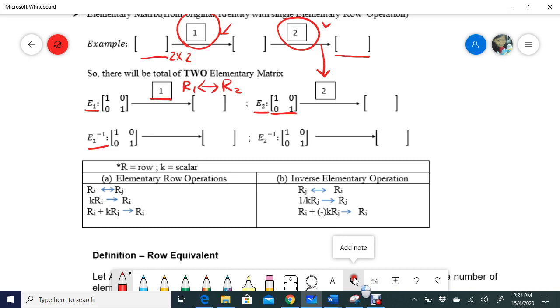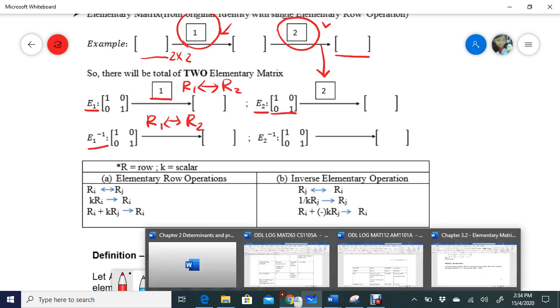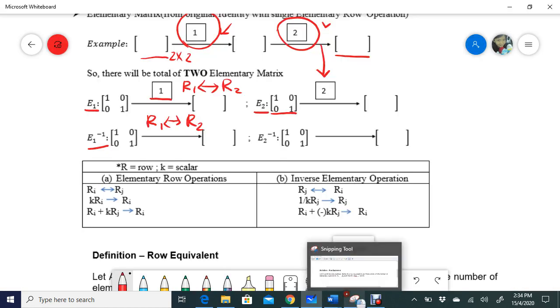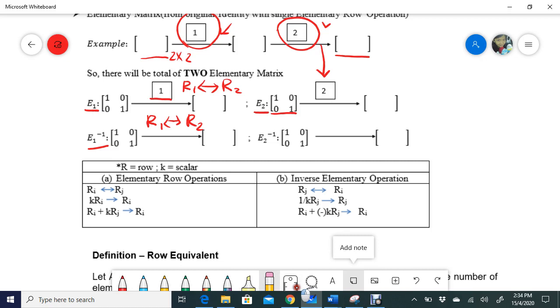Then your inverse elementary matrix will be the same, also row 1 interchanged with row 2. Is that okay? Now let's say your operation is a scalar, for example 1 over 3 R2 goes to R2.